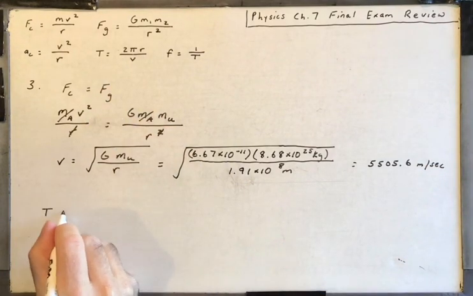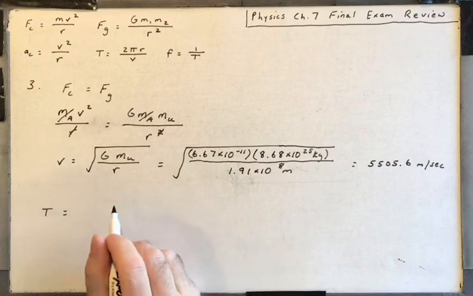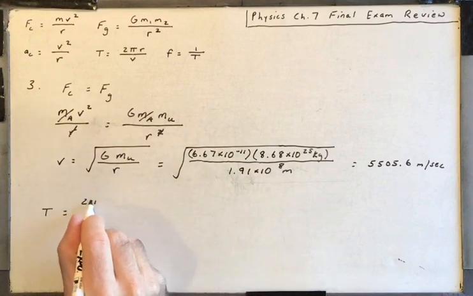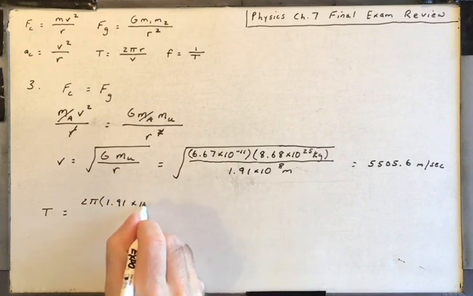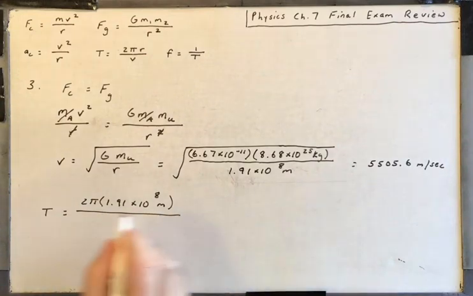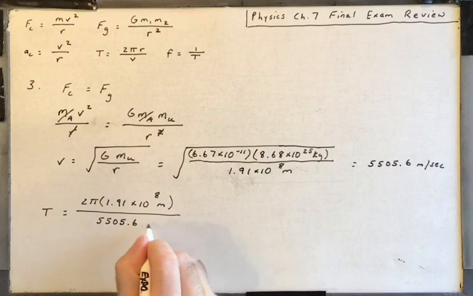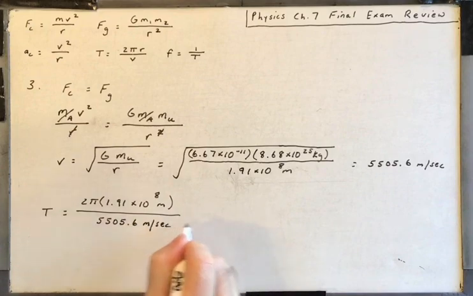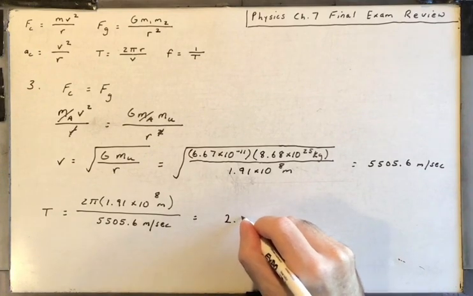So the period, all right, how long does it take Ariel to make one loop around Uranus? Well, it's 2 pi radius, 1.91 times 10 to the 8th, over the velocity we just figured out, 5505.6 meters per second, and that is 2.18 times 10 to the 5th seconds.